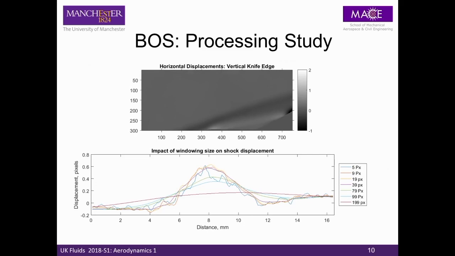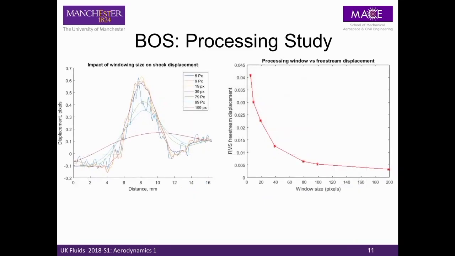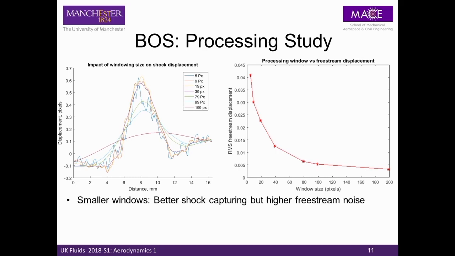Based on the results of this, the reason you want very small windows is you want to capture these very sharp, strong shock discontinuities. But that comes at the cost of capturing random noise in the free stream. So as in everything in life, there is a trade-off to play with. Small windows: better shock capturing, but high free stream noise. Larger windows: low free stream noise, but your shock capturing is poor.